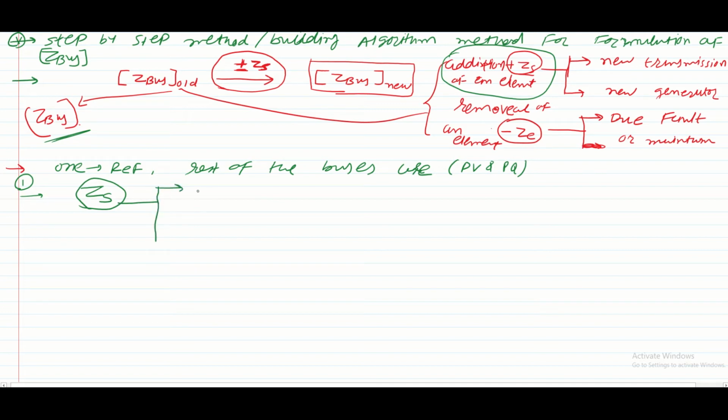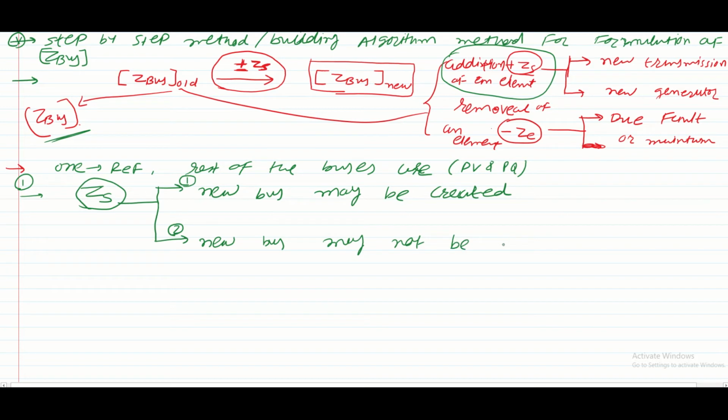The first one is a new bus may be created. We'll explain when and why. And the second possibility is a new bus may not be created.